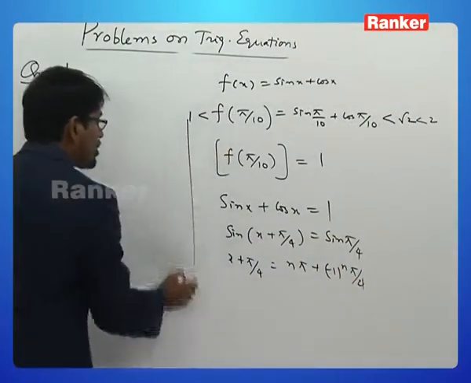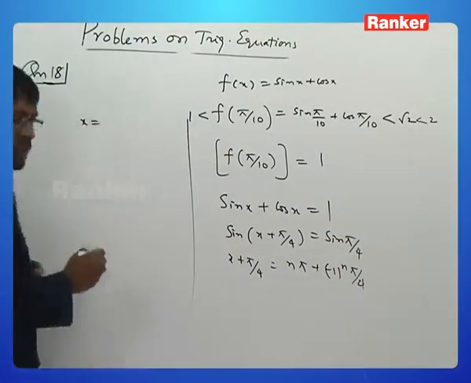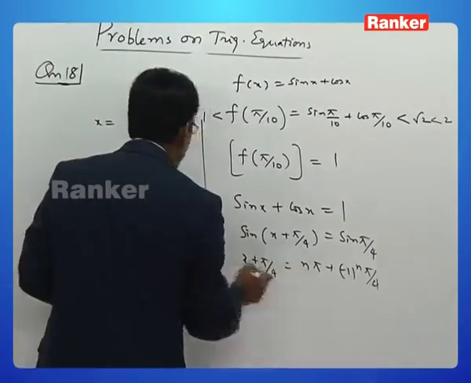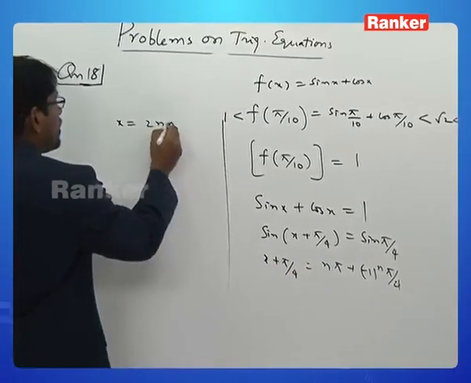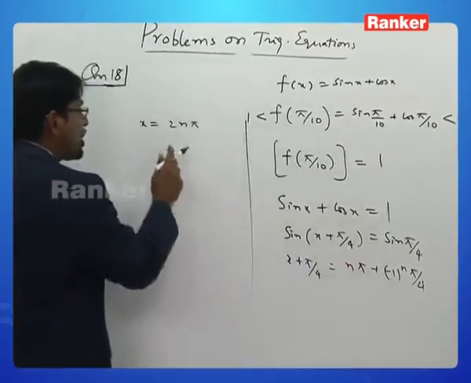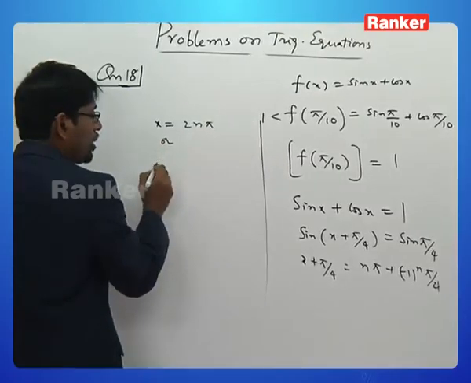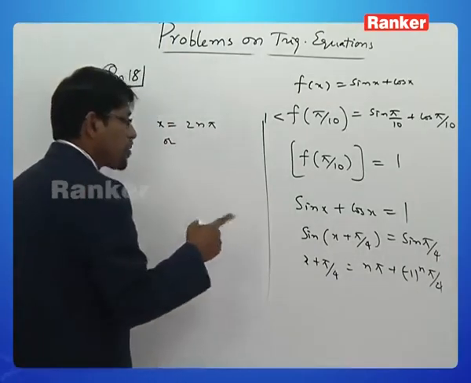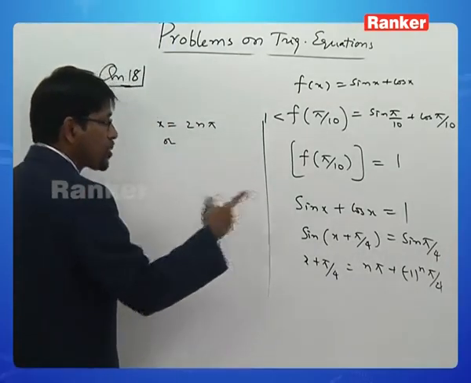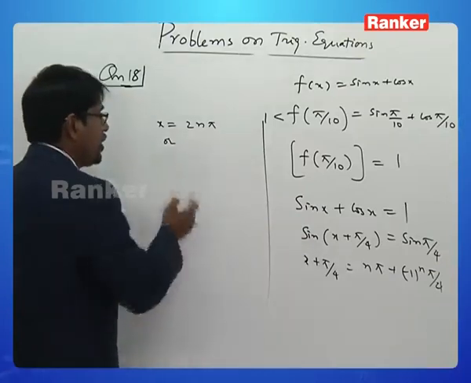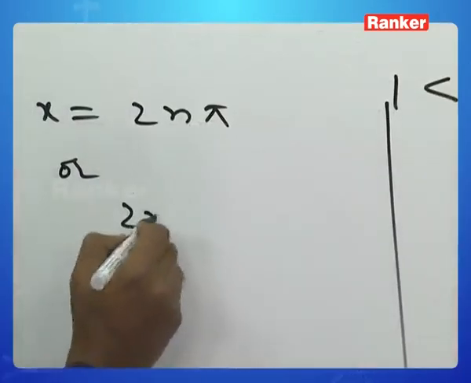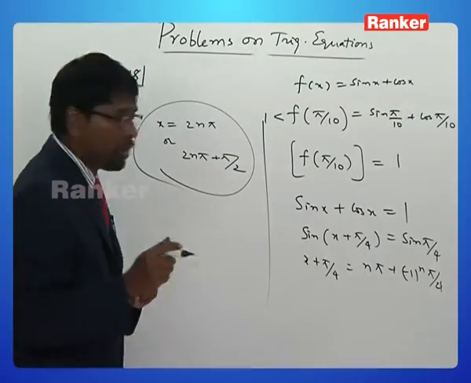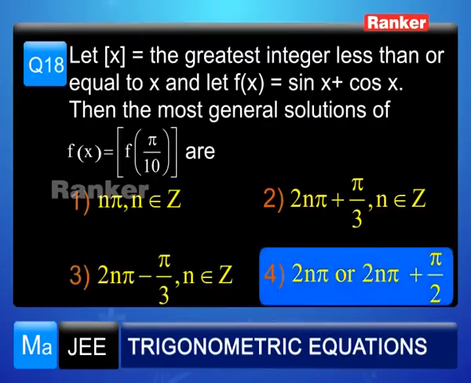That will give us the value of x to be either 2n pi, because if I take n to be even, we'll get 2n pi plus pi by 4, and this pi by 4 will cancel, so x is 2n pi. Or if n is odd, we'll get 2n plus 1 into pi minus pi by 4, transpose it to the other side, and we get 2n pi plus pi by 2. So x can be 2n pi or 2n pi plus pi by 2. Option 4 is the right answer.